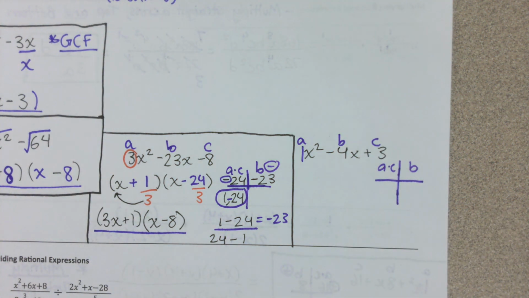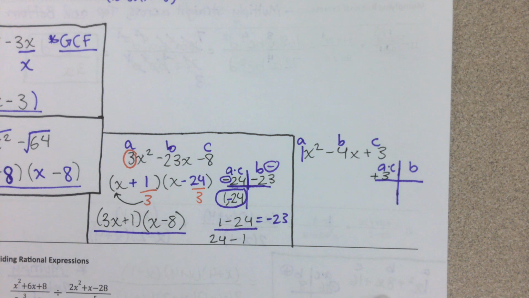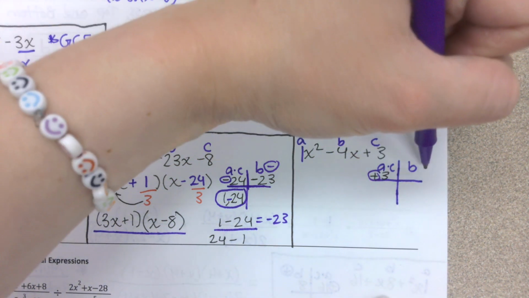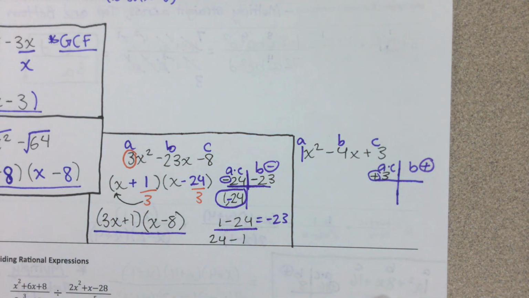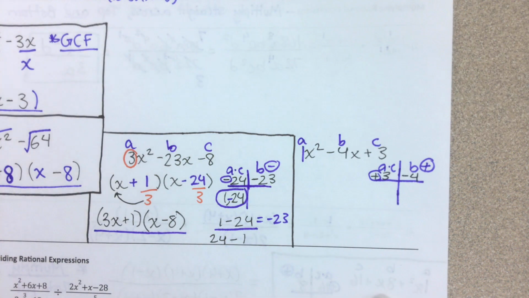A times C is positive 3. So we're adding on the right side to get that number. And B is negative 4.